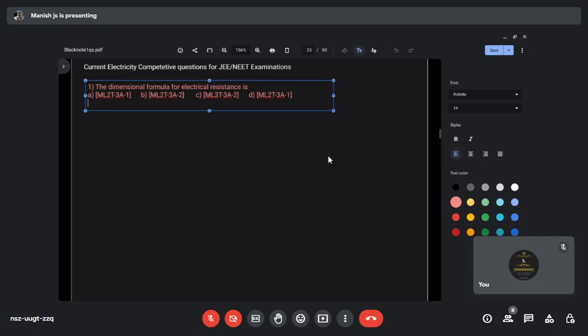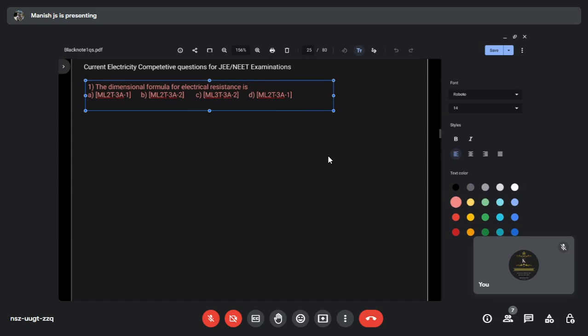Resistance is equal to potential difference divided by current, sir. Correct. Yes, and then how do you write the dimensions of potential difference? Sir, work is M power mass L2 T power -2, sir.